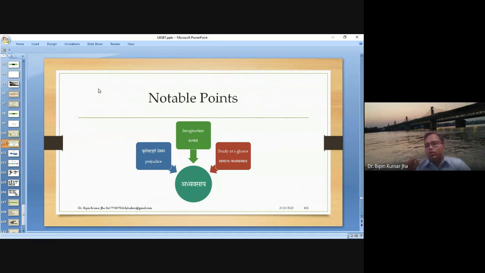But if you go through the original text, then you will find the verbal root, and as per the verbal root you can extract the actual meaning, and that actual meaning the author has conveyed.